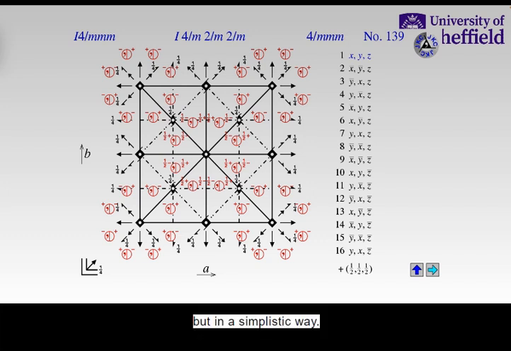But in a simplistic way, what we can say is that it's something that shows this periodicity. Now, most crystals that most people will study will show this 3D translational periodicity. If you're going into quasi-crystals, it shows periodicity, but it will be in a higher dimension. But for most of the things that most people will study from day to day with diffraction, we're looking at crystals and something that has that 3-dimensional periodicity to it.